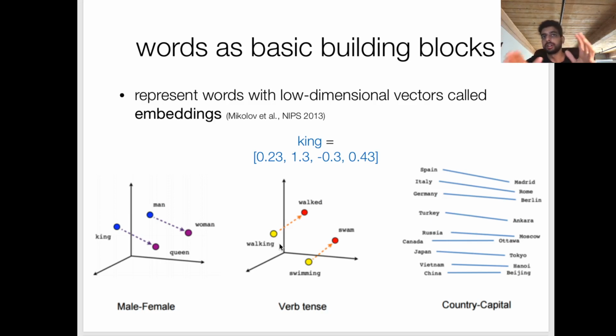Here, these are just two different tenses of the stem word walk, and we see that the same relationship in this vector space holds for swimming and swam. Finally, there's country and capital relations that you can see are kind of consistent for different countries and their capitals.